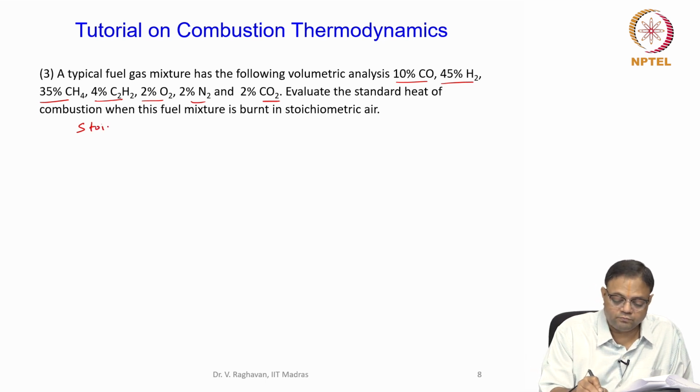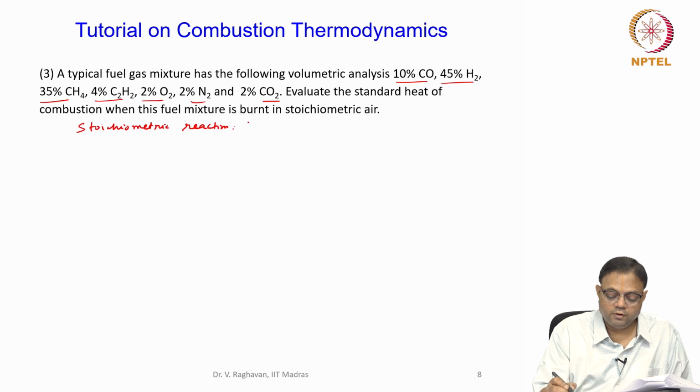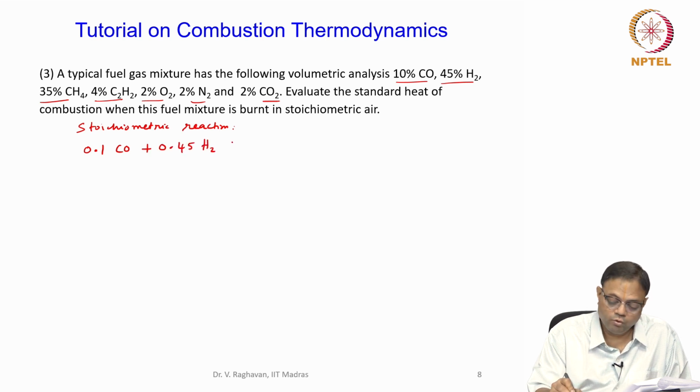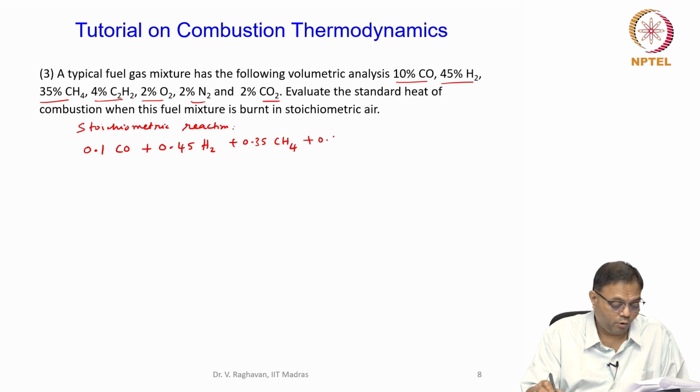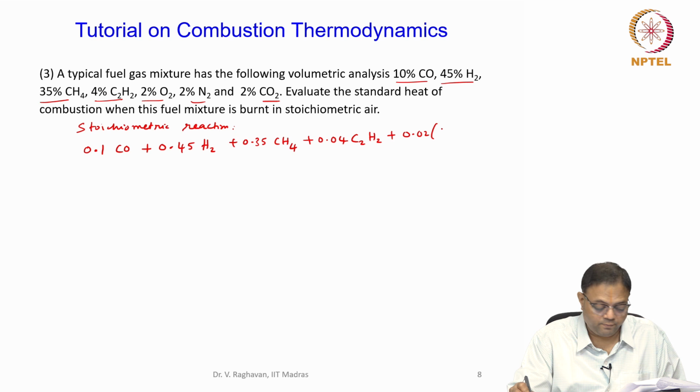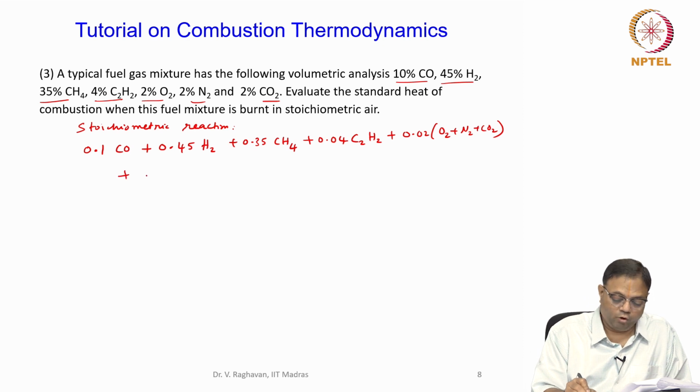So, the stoichiometric reaction is written as 0.1 CO plus 0.45 H2 plus 0.35 CH4 plus 0.04 C2H2 plus 0.02 times O2 plus N2 plus CO2, plus the oxidizer 1.075 O2 plus 3.76 N2.